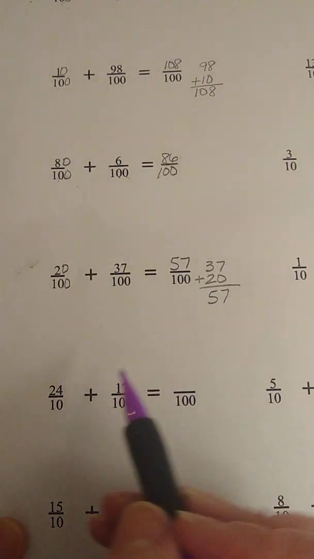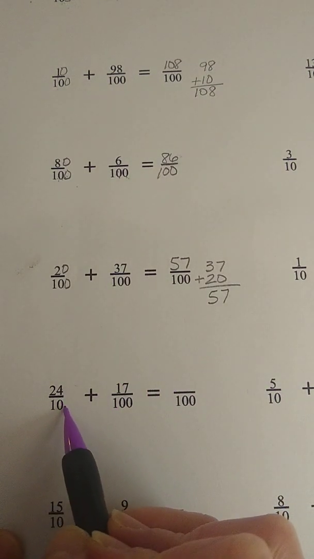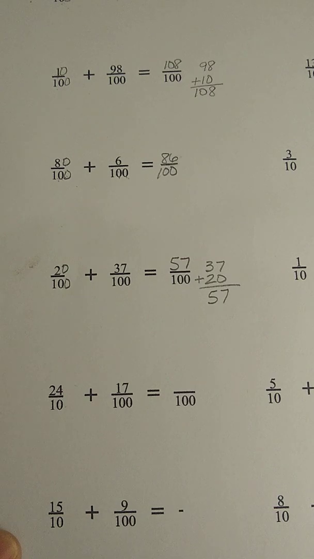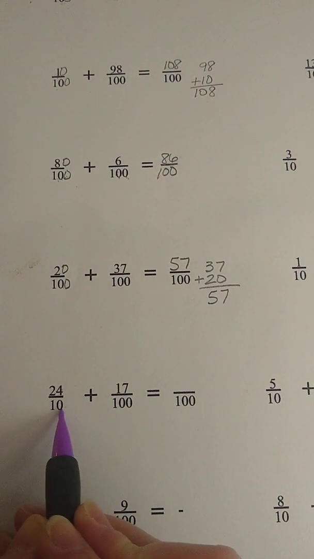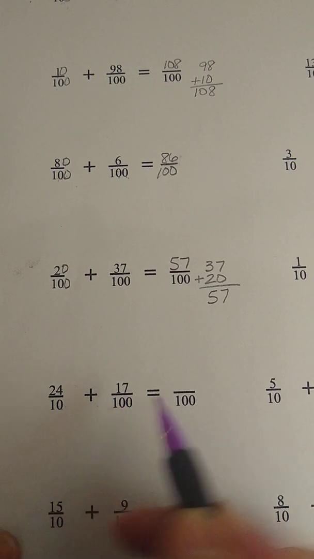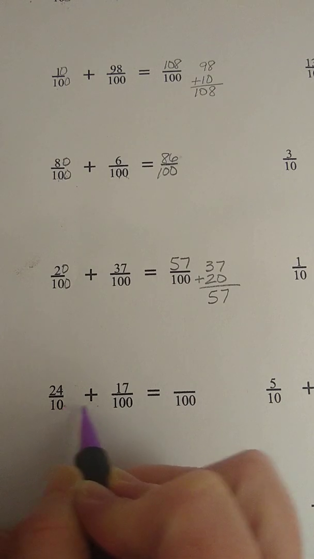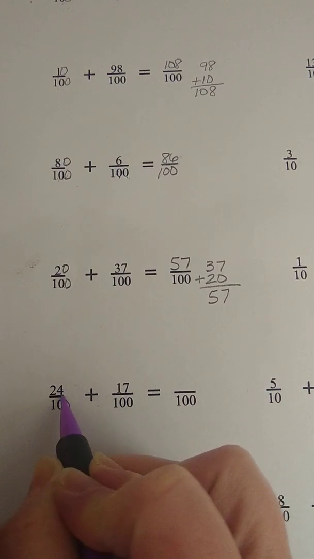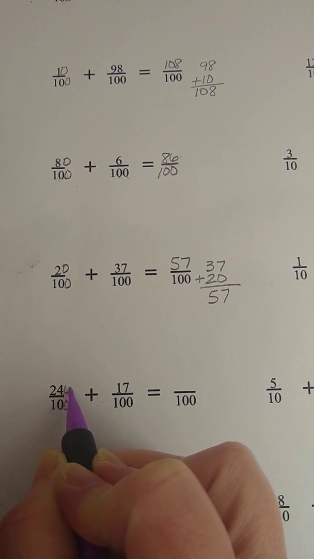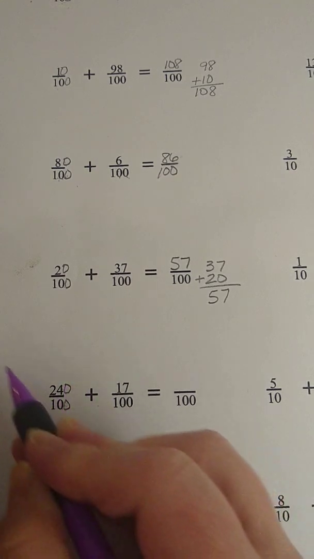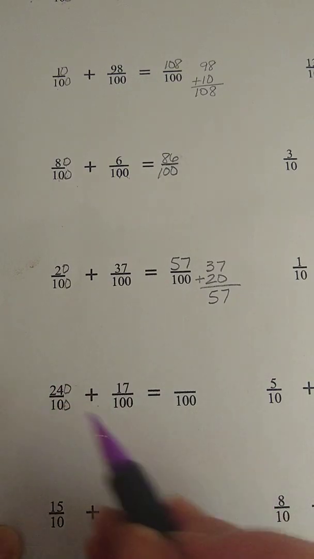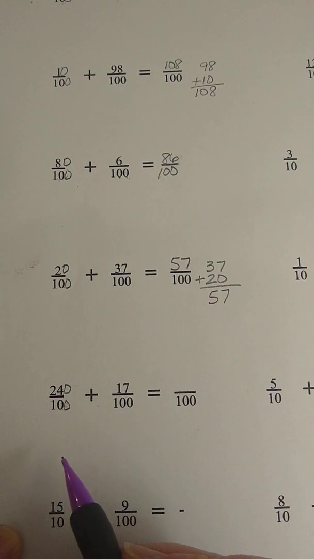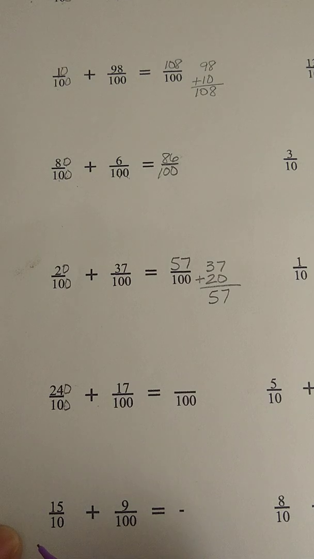Moving on to the next one below here, 24 tenths plus 17 hundredths, converting the 10 into hundredths. So times 10, 10 times what equals 100? That's where I'm getting that times 10, just to remind you. So 24 times 10, and just thinking about those place values, we're moving those places over to the left one place, which would add that 0.